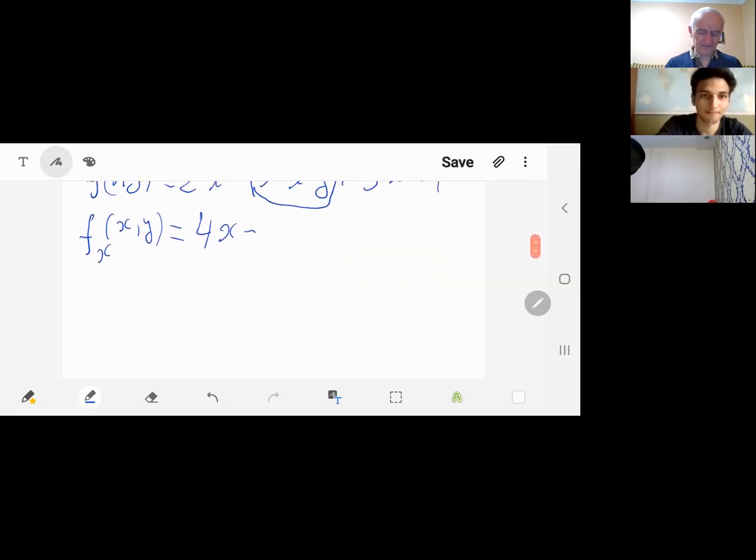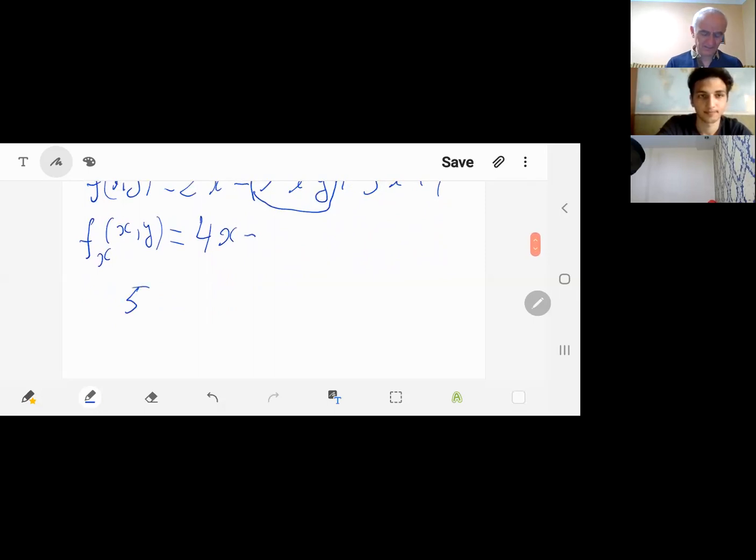Okay, Sandro, let's discuss your idea. For example, if we have 10 times x squared, this example is not linked with our function. What is derivative of this function? 20x. Okay, why? It's true, Sandro, but why?